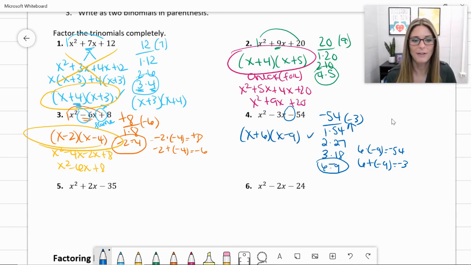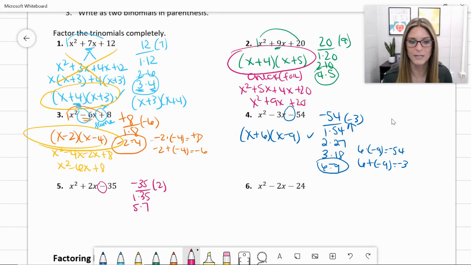Let's try again with number 5. X squared plus 2x minus 35. I need the factors of negative 35 that add up to a positive 2. 1 and 35. 2 does not go in it. 3, 4. What about 5 and 7? I think that's going to be our winner. I need different signs because our second sign in our polynomial is a minus sign.